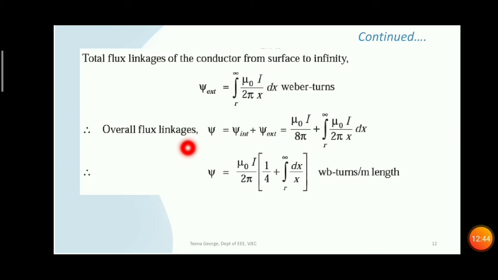So total flux linkage is phi internal plus phi external, equal to mu 0 I by 8 pi plus integral r to infinity mu 0 I by 2 pi x dx, or psi equal to mu 0 I by 2 pi times 1 by 4 plus integral r to infinity dx by x Weber turns per meter length. So this is the flux equation of a single current carrying conductor.